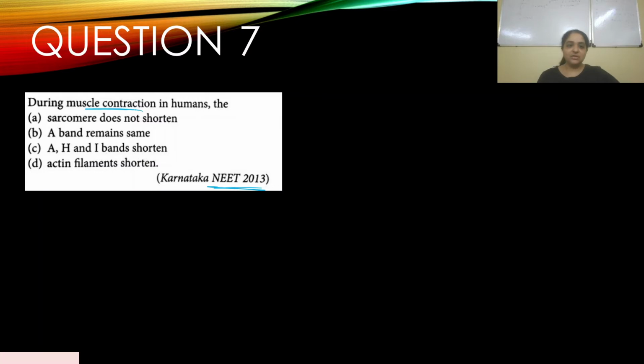So during muscle contraction, clearly the A band remains the same. The sarcomere comes together, I bands shorten, actin filaments don't shorten. Remember the sliding filament theory: actin and myosin filaments just slide past each other. So your answer is B.